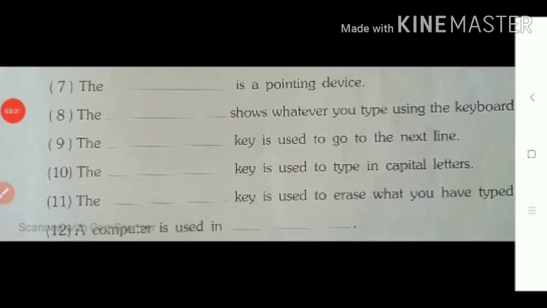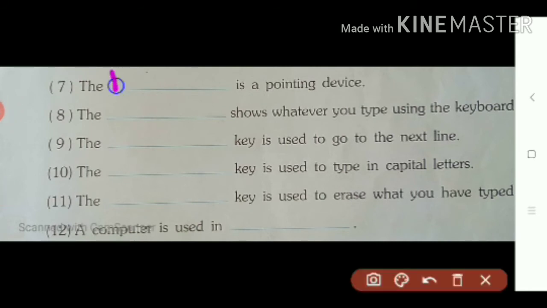So now the seventh question, you see the dash is a pointing device. The mouse is a pointing device. MOUSE, mouse. Eighth, the dash shows whatever you type using the keyboard. What we type with the keyboard, where does it show for us? Monitor.